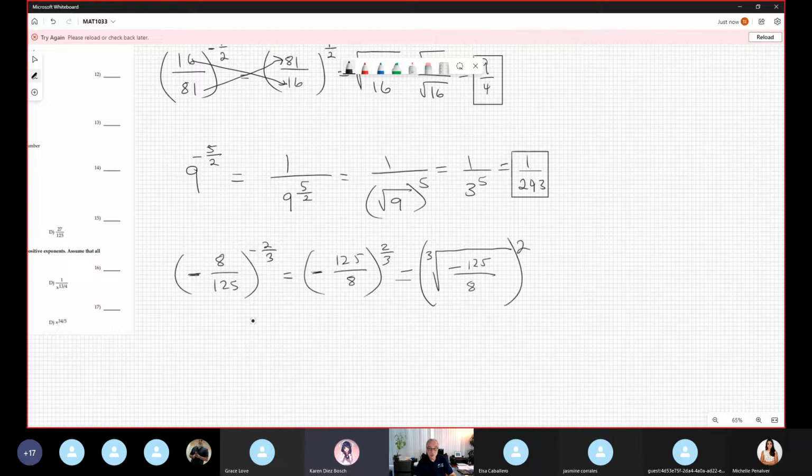Now we focus on the root first, which is the most complicated part. And finally, you square, which is easy. If you square first, then it's a big number, and then a more complicated root. So you do the complicated part first. Don't mix it together.